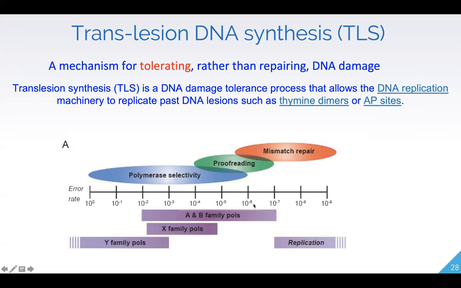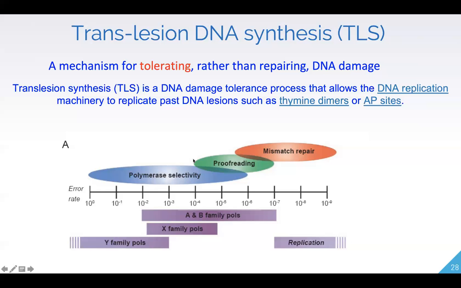In other words, for every million base pairs, they only make one error. And then they go back and proofread that. The mismatch repair enzymes, the ones that we just talked about, you can imagine, are very high fidelity enzymes. They basically do not make errors. They always remove the mismatched base, and they replace it with the intact sequence.